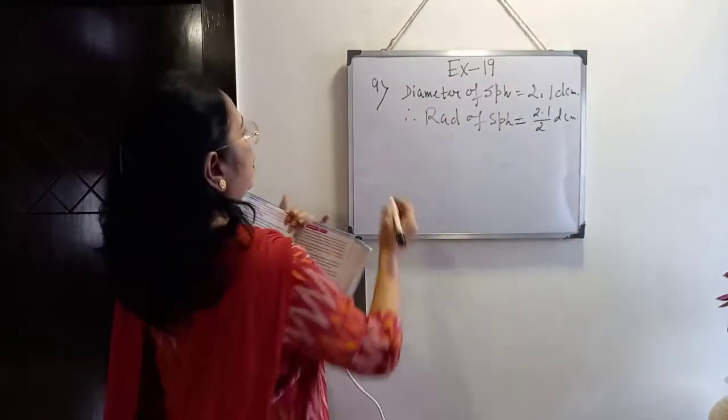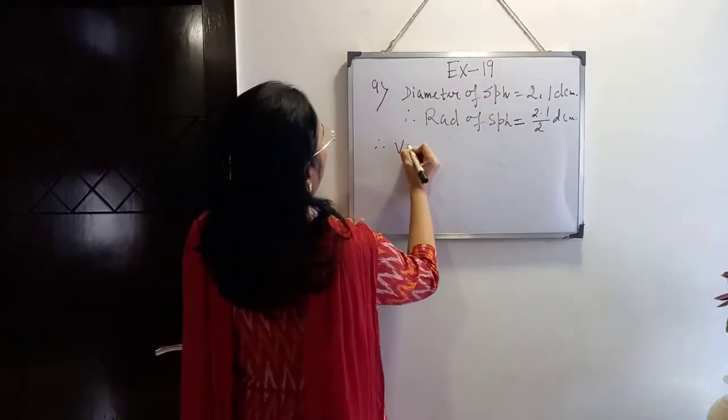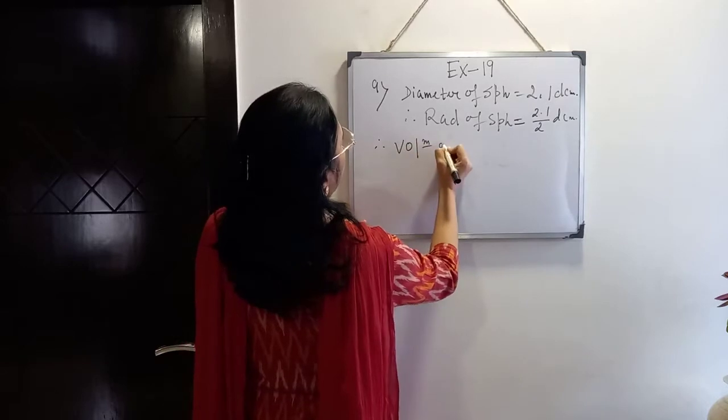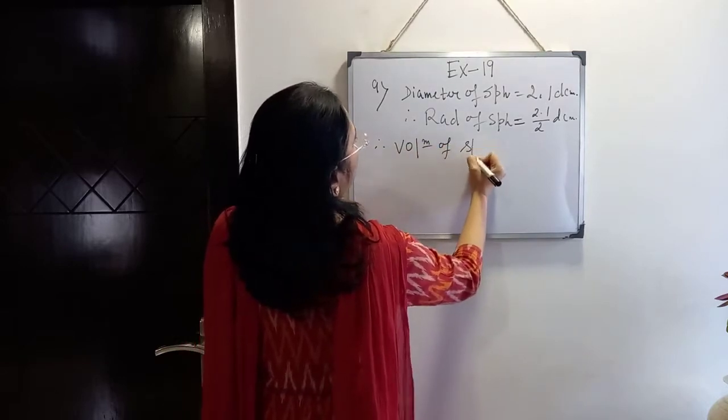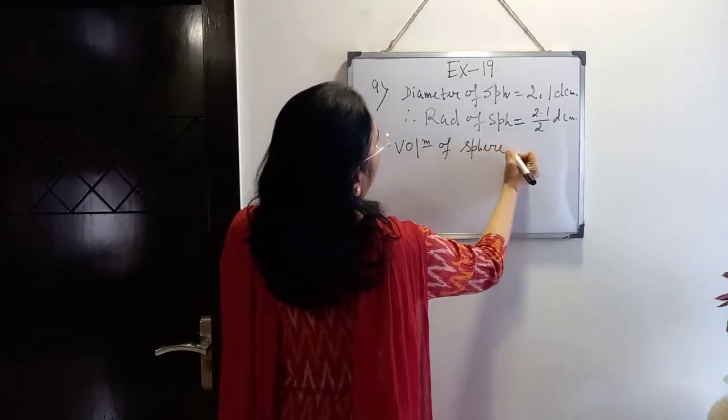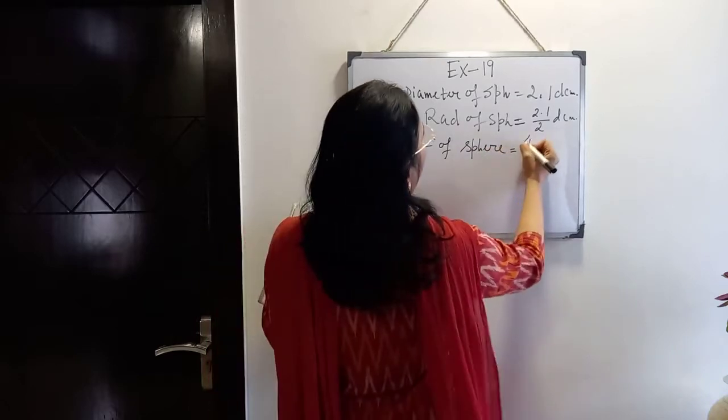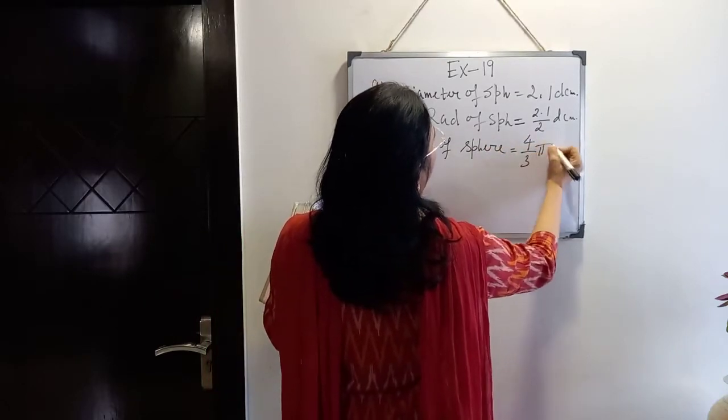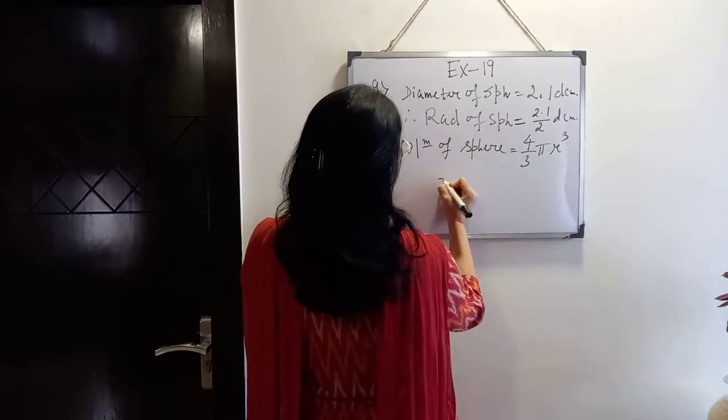Now we will calculate the volume of the sphere. You know the formula, 4 by 3 pi r cube.